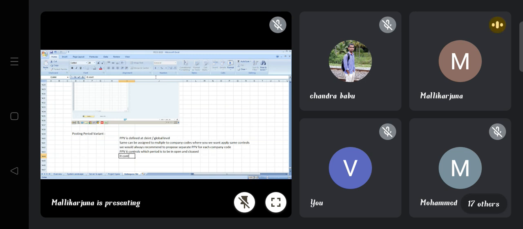It controls whether a specific period is allowed to be open, or we can also open more than one period.